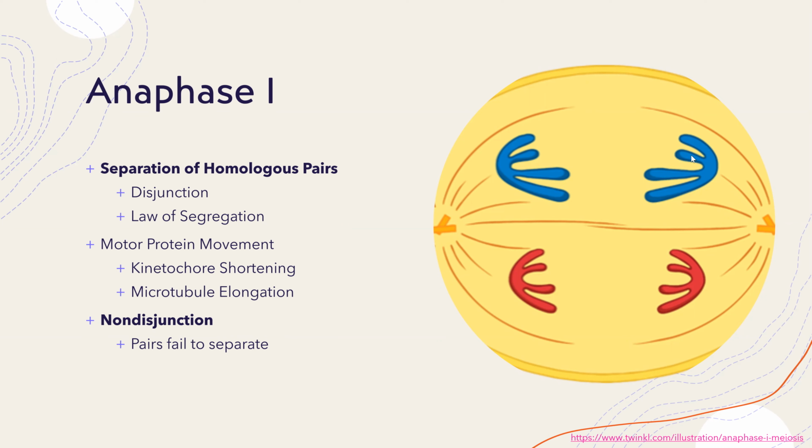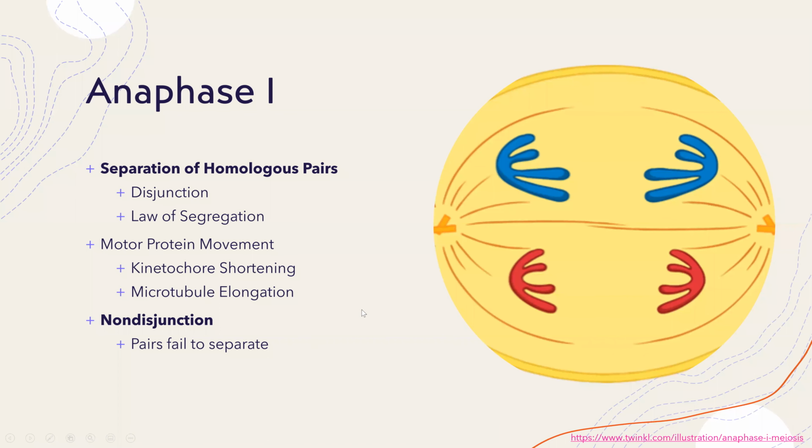But if they don't, you could get both of these homologous chromosomes going to one side of the cell and the other daughter cell doesn't get any chromosomes. The end product of non-disjunction is that one or more gametes have too many or too few copies of the chromosomes. And as you can imagine, that's super destructive for the cell or the offspring.